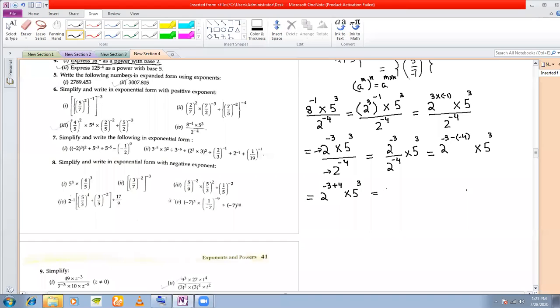And 2 to the power of 4 minus 3 is 2 to the power of 1, which can simply be written as 2 into 5 cube. So is it with positive exponents? 2 has a positive exponent 1 and 5 also has a positive exponent 3. Clear?